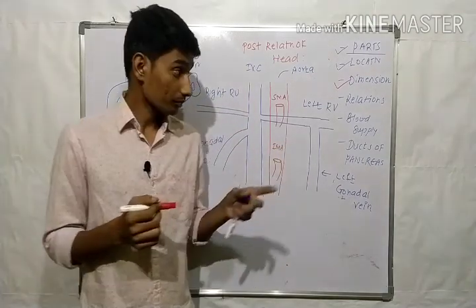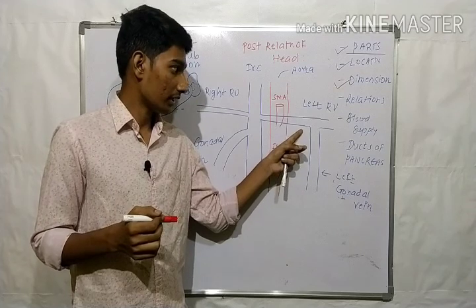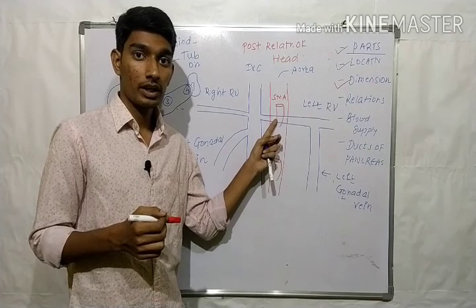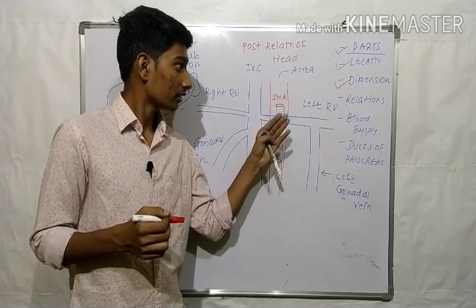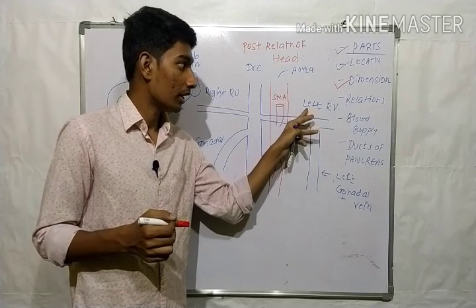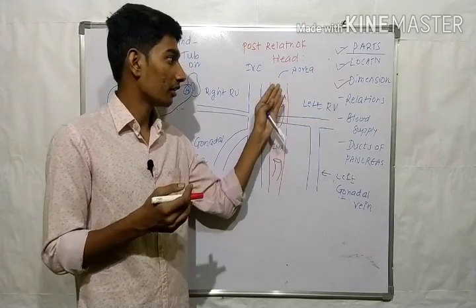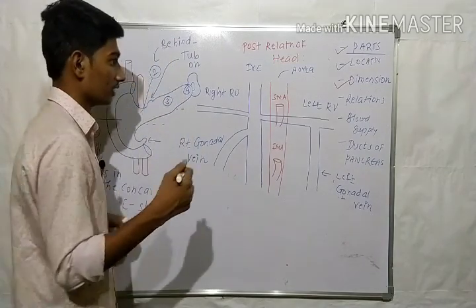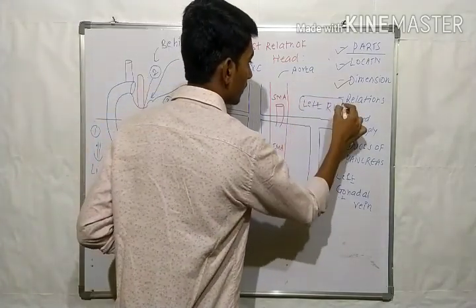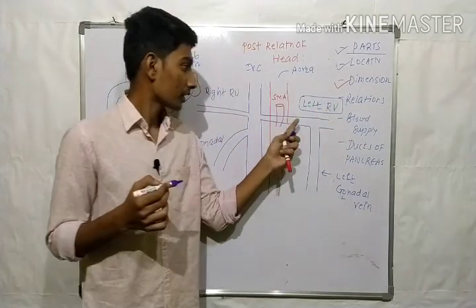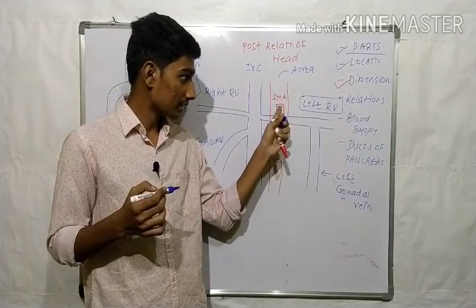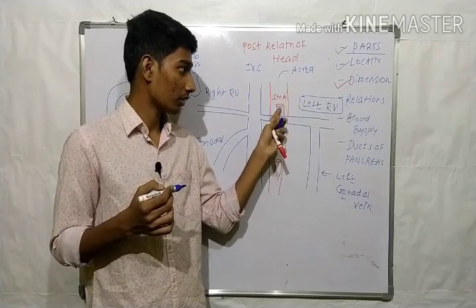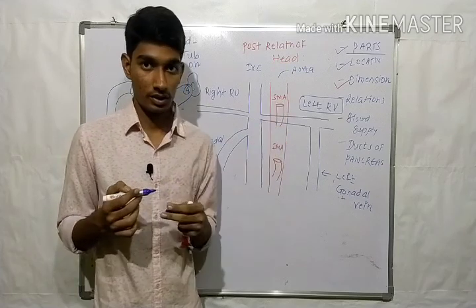So this left renal vein lies behind the aorta but in front of superior mesenteric artery.